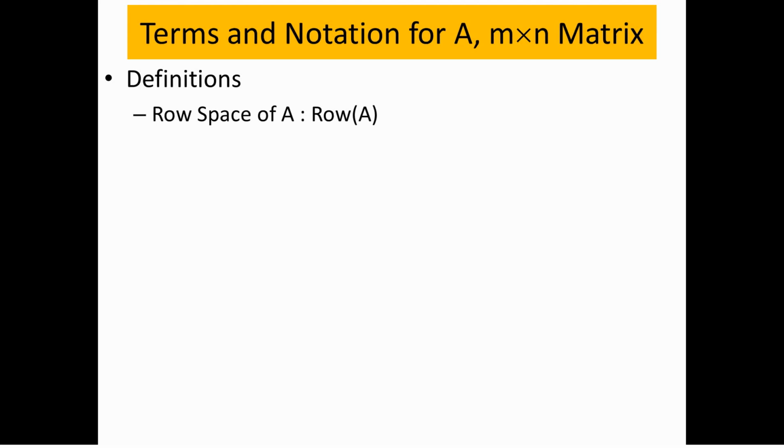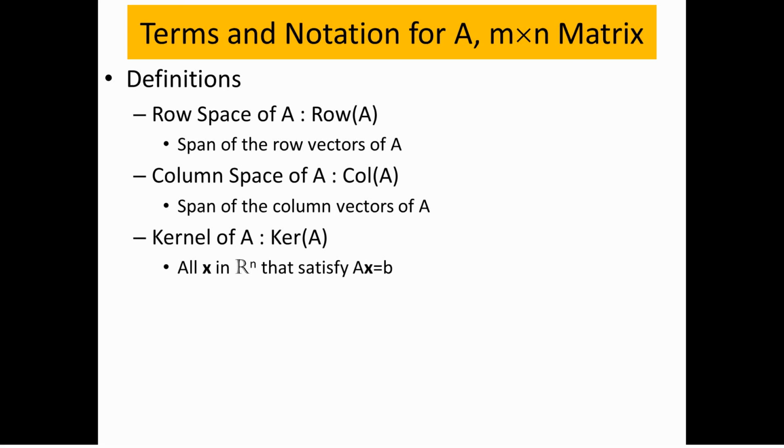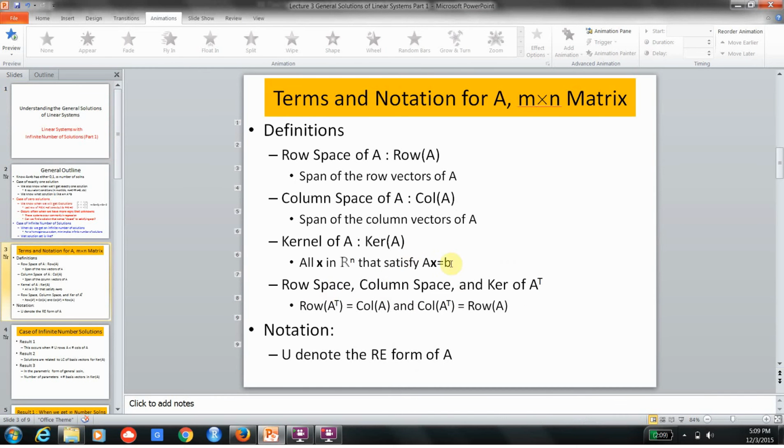We're going to define the row space of A, which I'm going to denote by row A, as the span of the row vectors of A. So it's the set of all linear combinations of the row vectors of A. We're going to have a similar space for the columns of A. We're going to call it the column space of A, denoted by col A. And that's going to be the span of the column vectors of A. We've already talked about the kernel, and actually that should be Ax is equal to the 0 vector. Sorry, I don't know why that came out b.